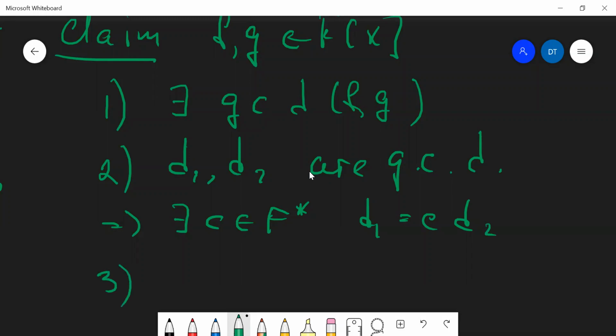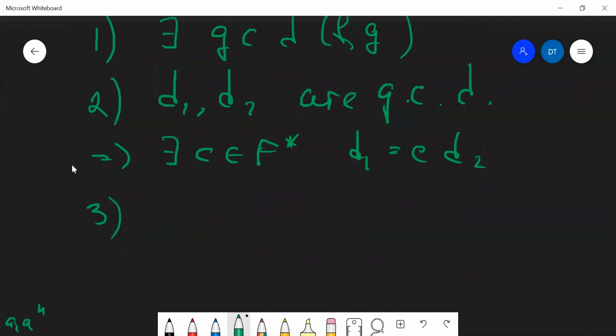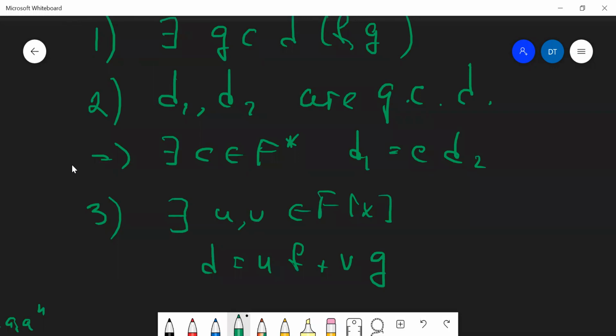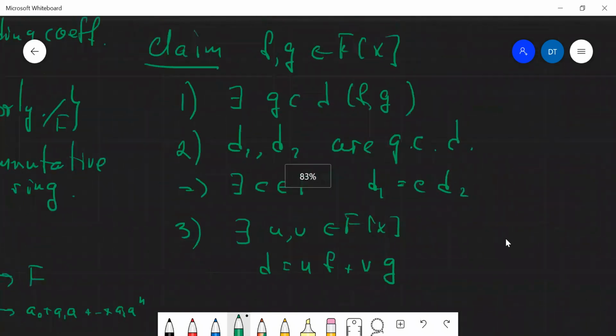And the third thing, there exists a pair of polynomials u and v such that a greatest common divisor is represented as a linear combination of the initial polynomials with these u and v as the coefficients. So this is the claim.